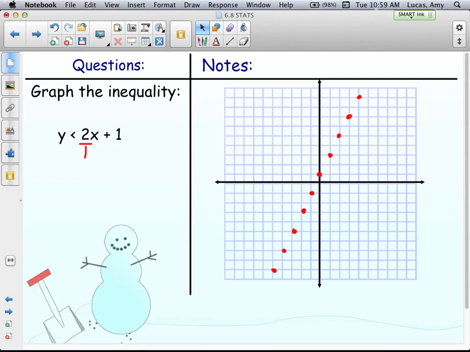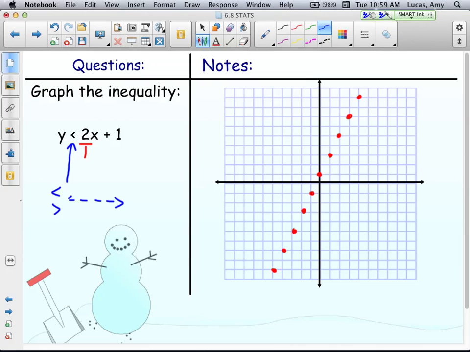And then I need to remind you that when we look at the symbol here, the less than or greater than symbols were dashed lines, and the less than or equal to, greater than or equal to were solid lines when we learned how to graph our linear inequalities. So this line needs to be a dashed line for me. So I'm going to go with my line drawing tool and go with my dashed line.